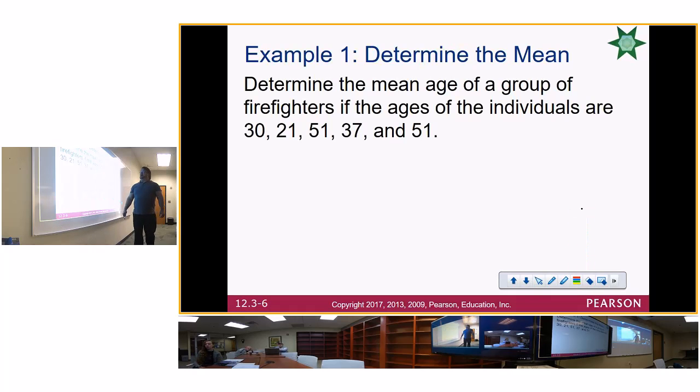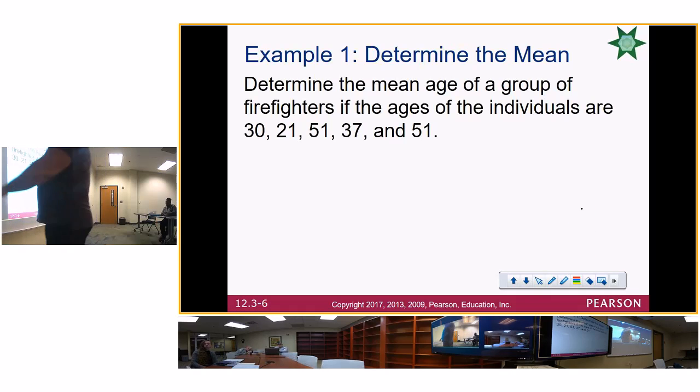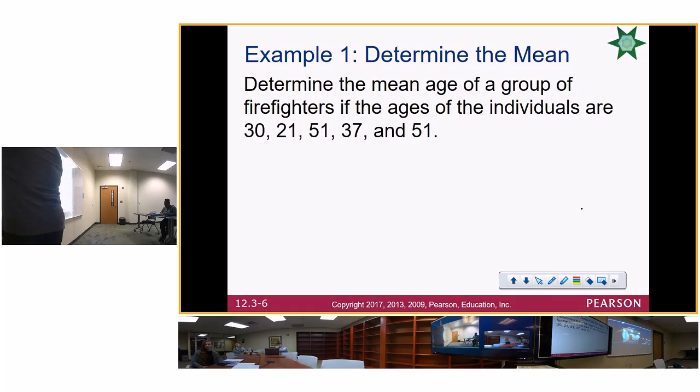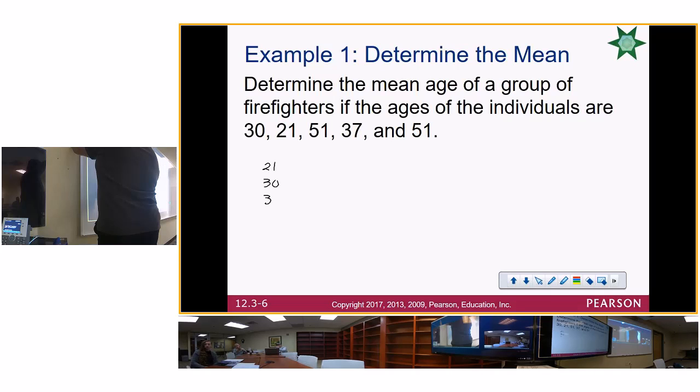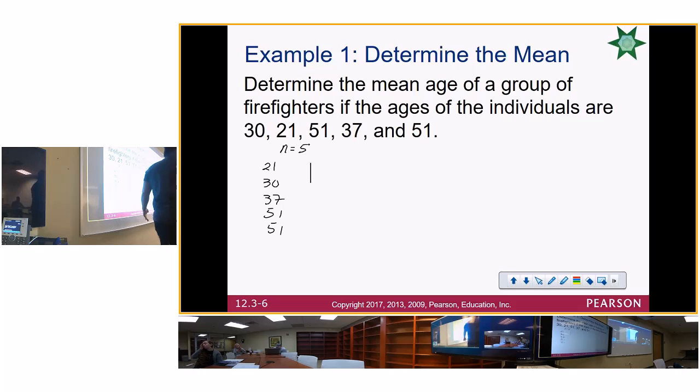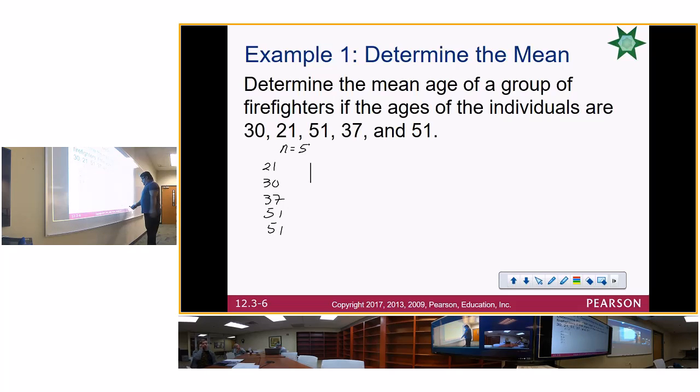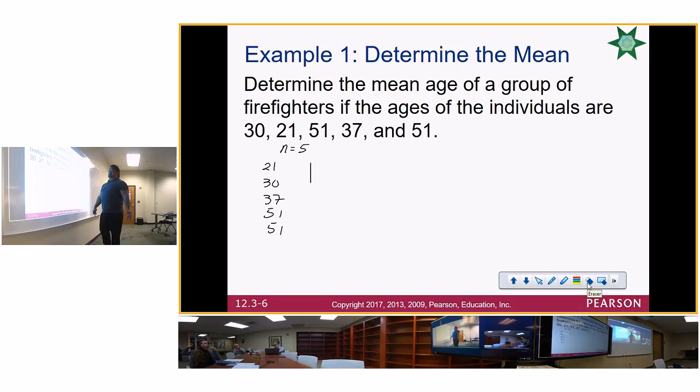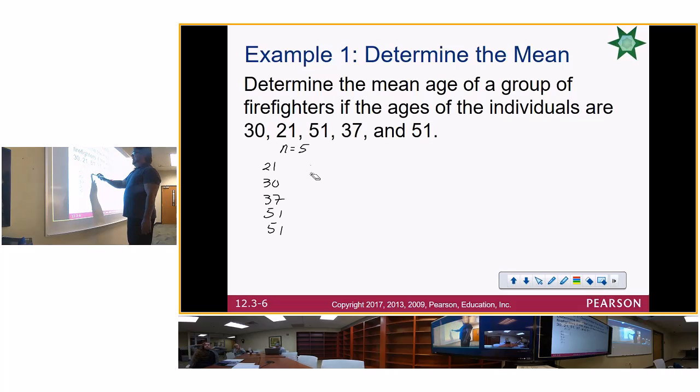All right, so first thing you do is put everything in order. So 21, 30, 37, 51, and 51. So n is equal to 5 because how many numbers are there? There's 5 numbers. But make a note: N is how many test grades. Just remember, N is the test grades.